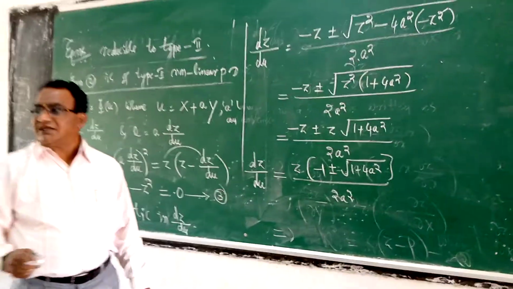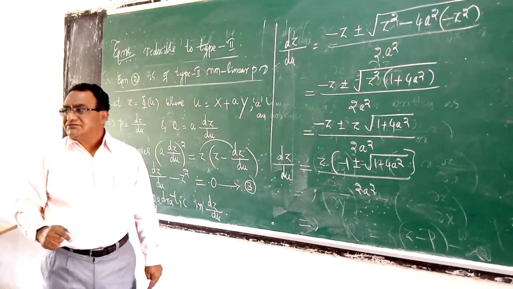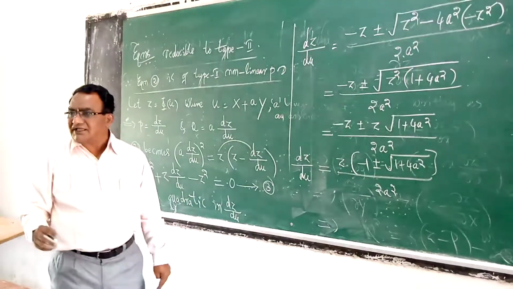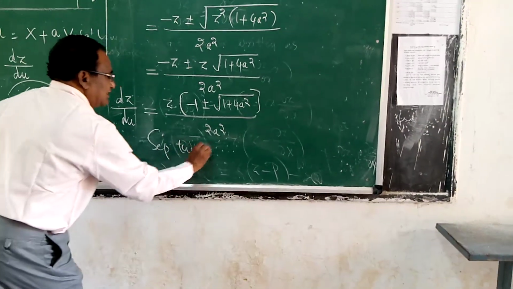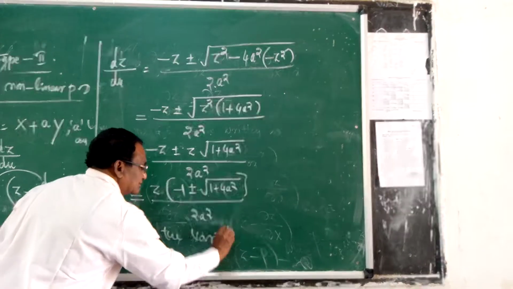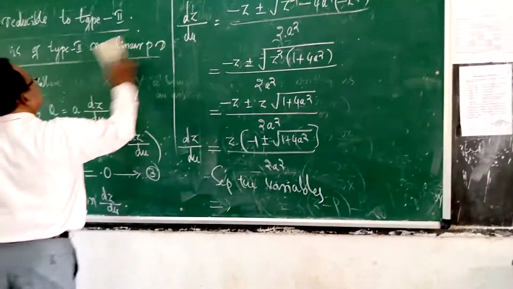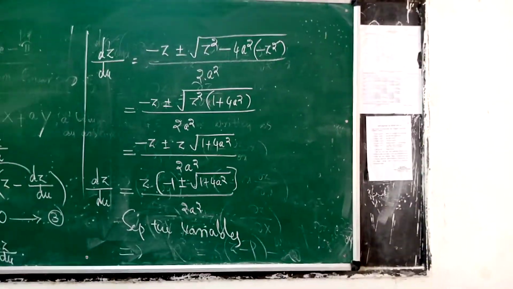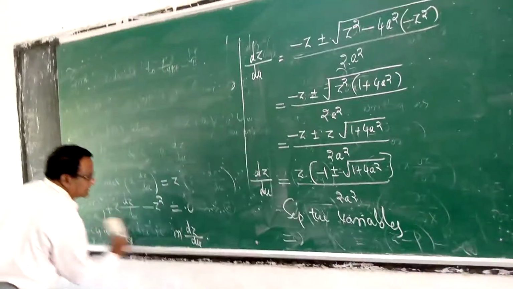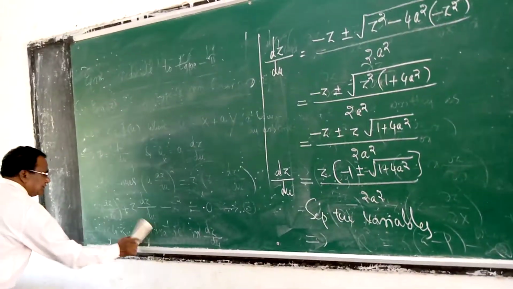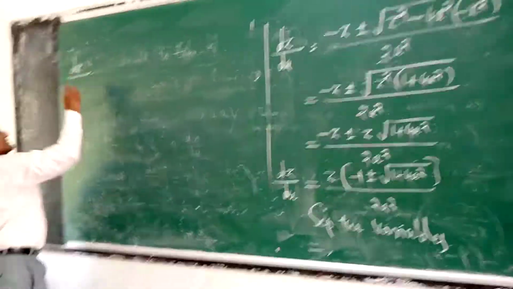This is an ordinary differential equation, and once again you can solve this by separating the variables and then integrating it. Yes, how do you separate the variables here? You keep dz as it is in the left hand side, dz.